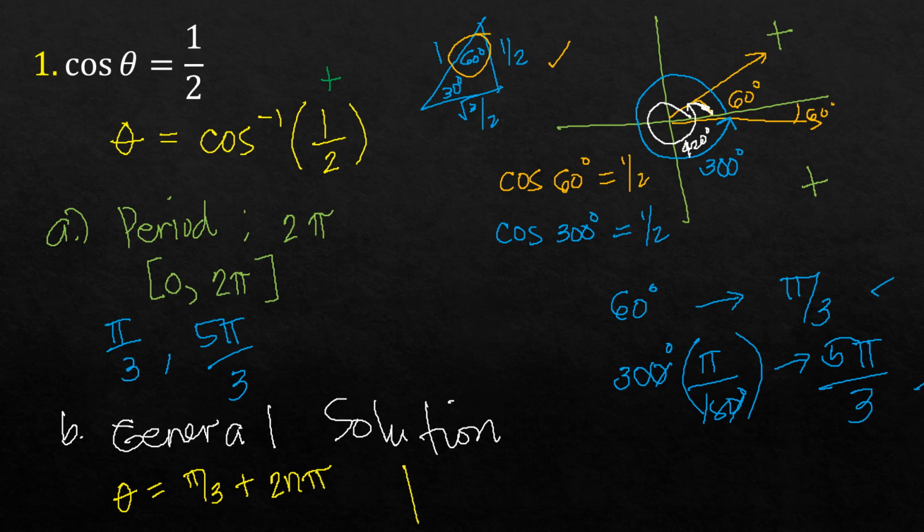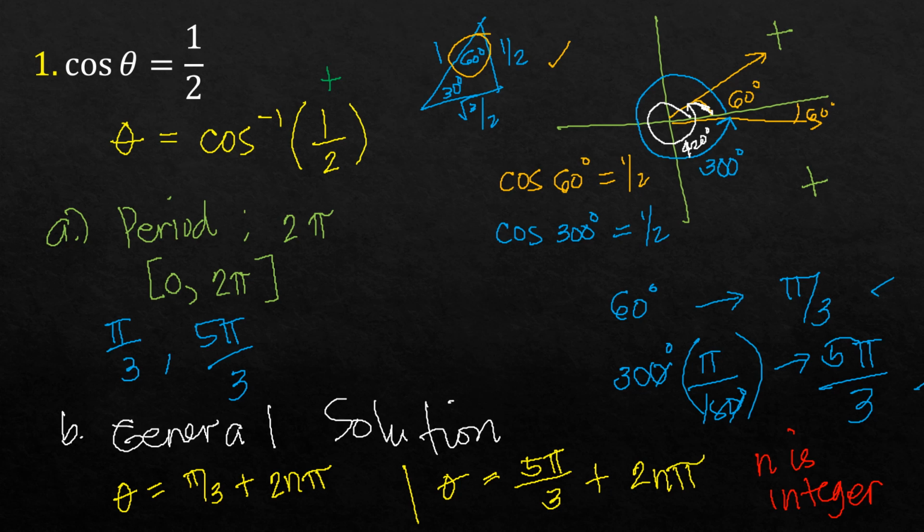The second will be theta is equal to 5 pi over 3 plus 2n pi. The condition here is n is an integer.